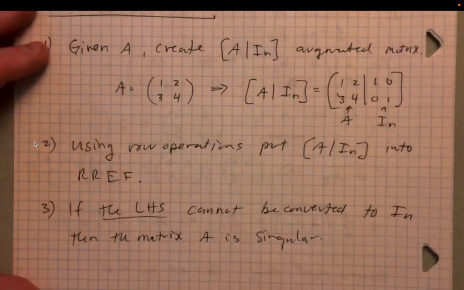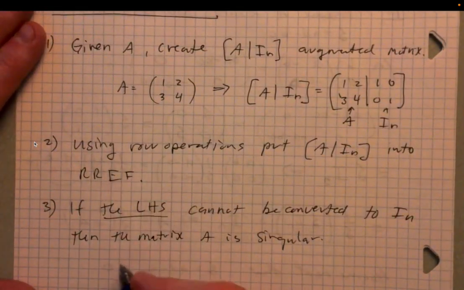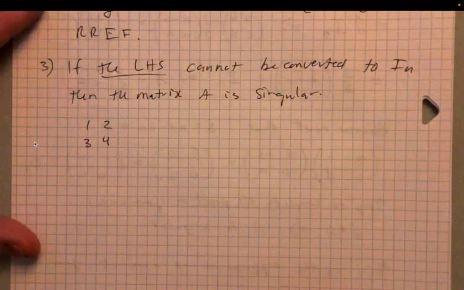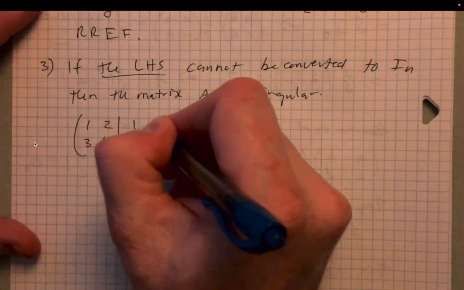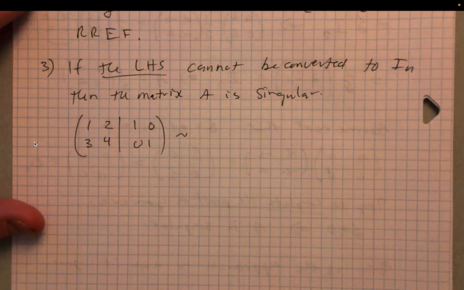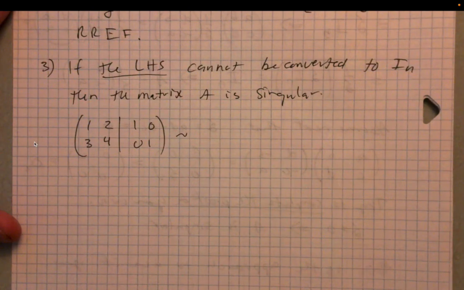Right, so let's think about this for a second, in terms of our A here. I start with 1, 2, 3, 4, and then I've got 1, 0, 0, 1, right? And my goal is to convert this into reduced row echelon form.